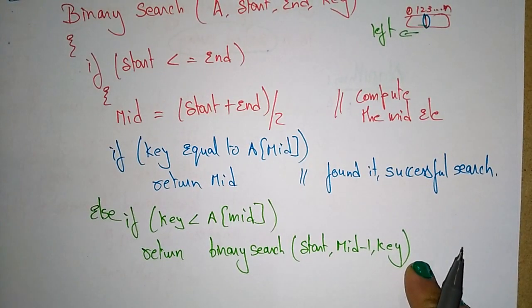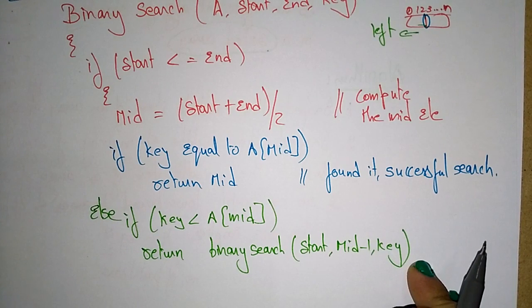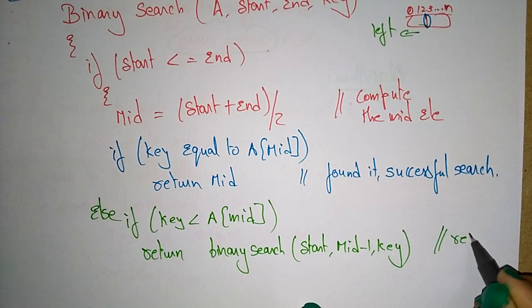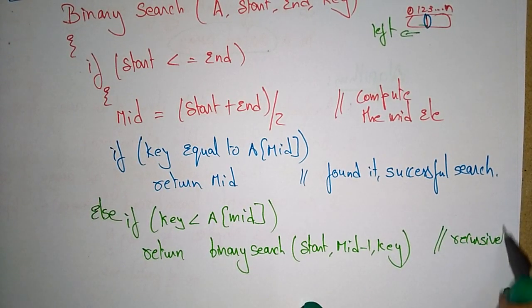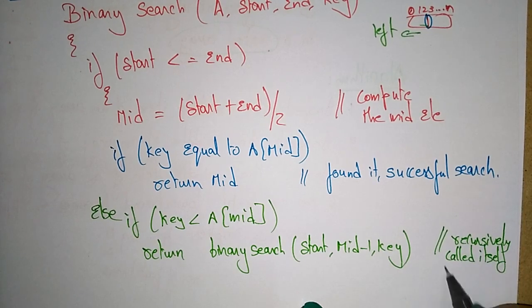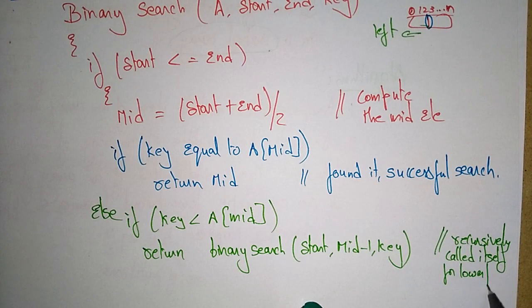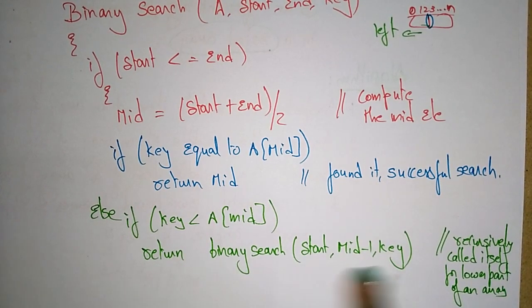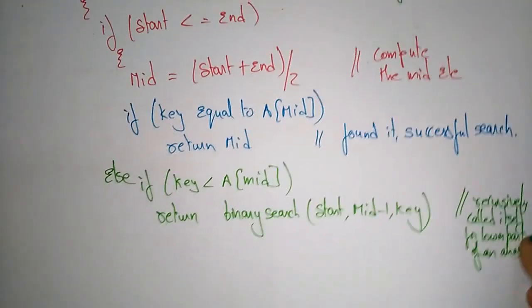Here it recursively calls itself for the lower part of the array.